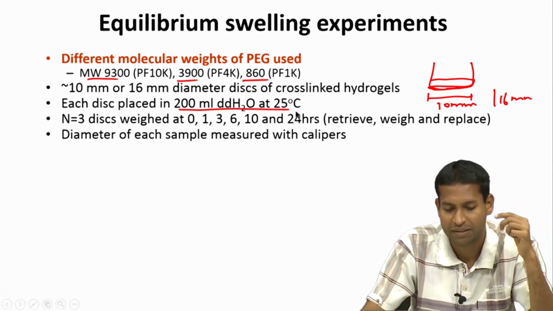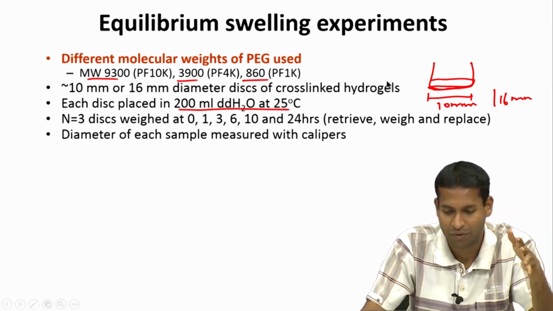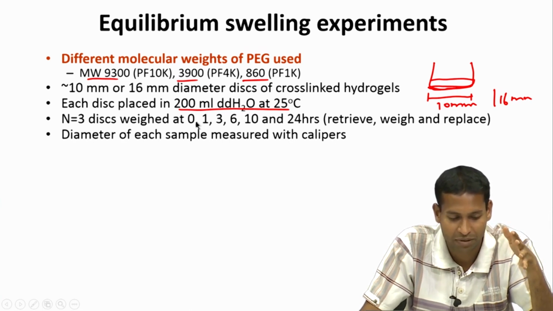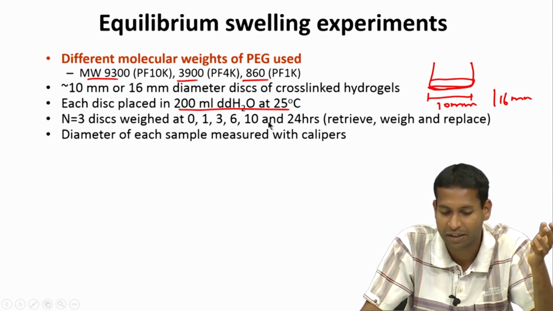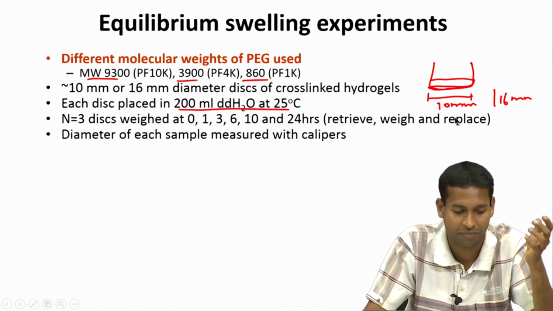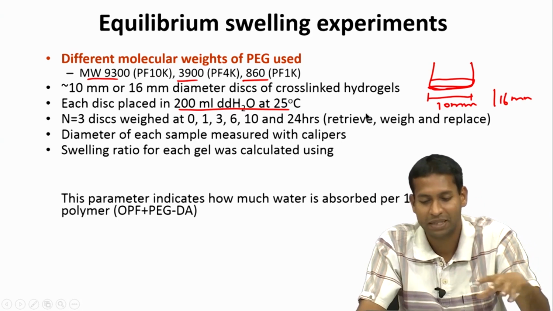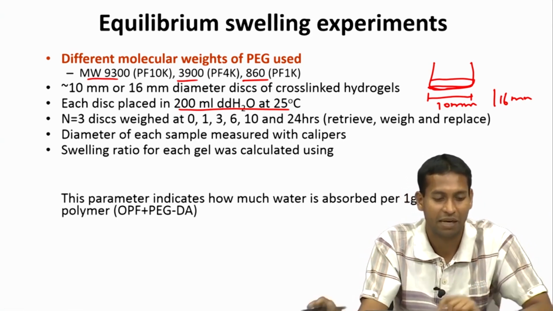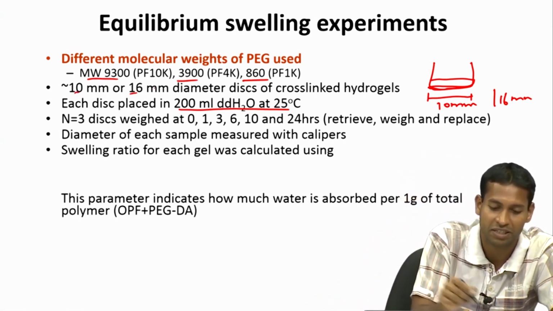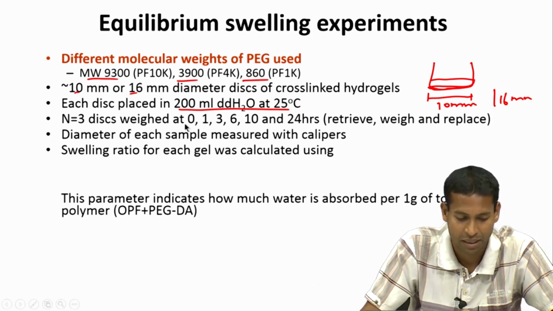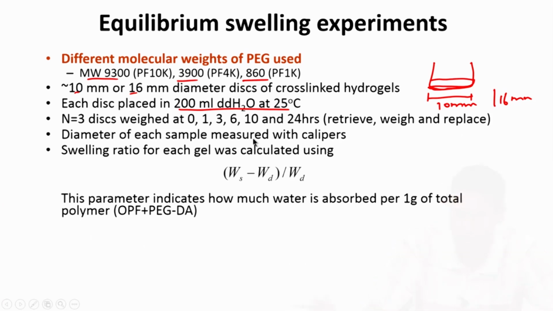Over time, at the time the discs were formed at time 0, they have weighed them, and then continued to weigh them at different times. They have also measured the diameter, using calipers, already defined here as 10 millimeter or 16 millimeter. So, how do you calculate the swelling ratio?